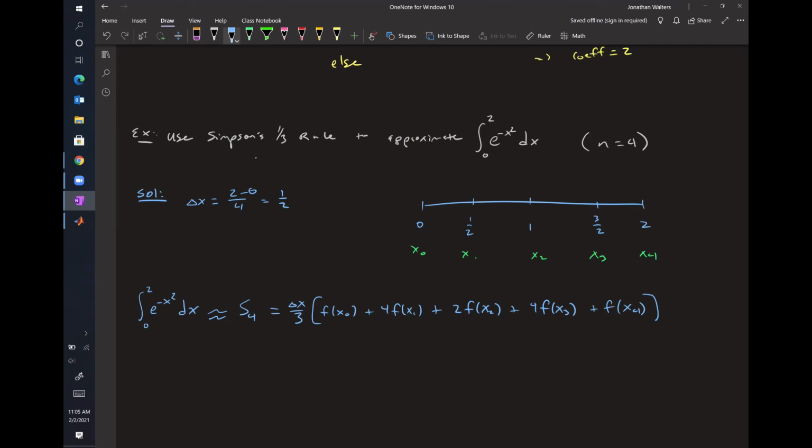So that's going to be 1 over 6 times e to the negative 0 squared plus 4 times e to the negative 1/2 squared plus 2 times e to the negative 1 squared plus 4 times e to the negative 3/2 squared plus e to the negative 2 squared.